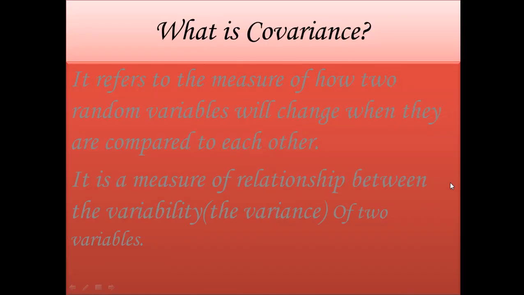Next we will see about the covariance. Because when you start calculating the covariance, you should not have doubt about what variance is. That is why first of all I told what variance is. So let us see what covariance is. This is actually in your syllabus. What is covariance? It refers to the measure of how two random variables change when they are compared to each other.